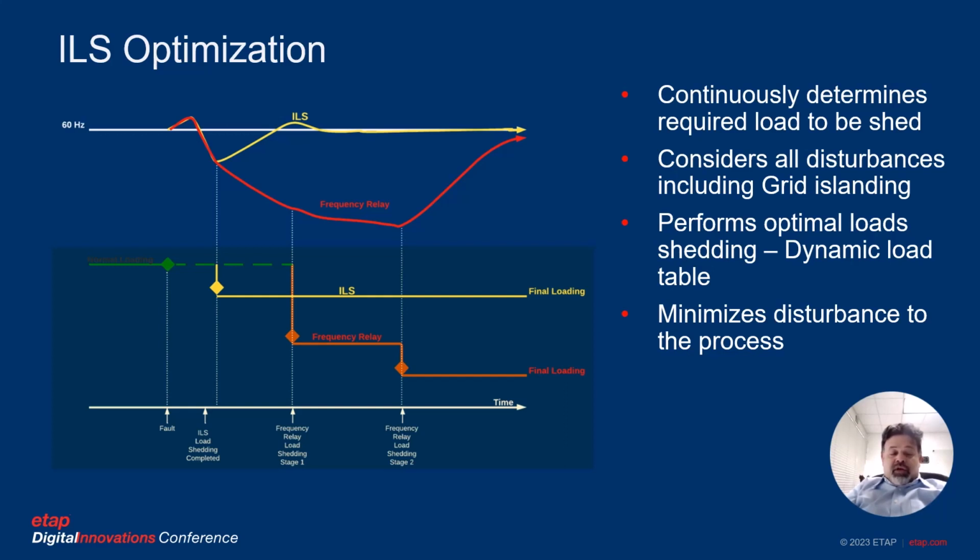So it determines the optimal amount of load to shed, and since it's shed faster, the system recovers much faster. You can see that the final loading in operation is a lot more compared to, for example, frequency relay based load shedding, where more load needs to be shed because the system waits longer to actually perform the load shedding.